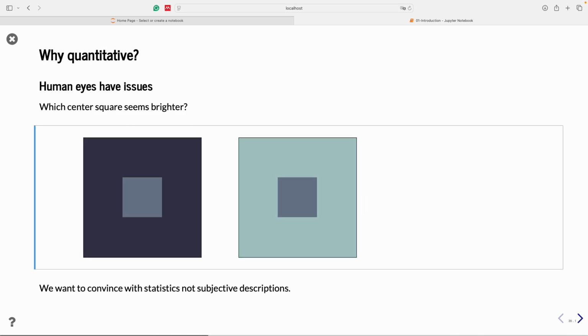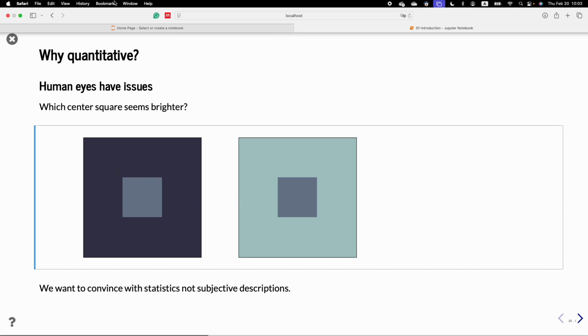So, why quantitative? One thing is the human eye has issues seeing what is good or bad. In this example, it's a classic visual illusion. If you look at these, which of the inner boxes is the brighter one?